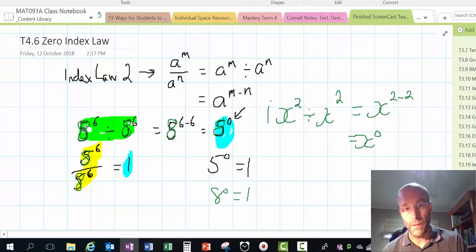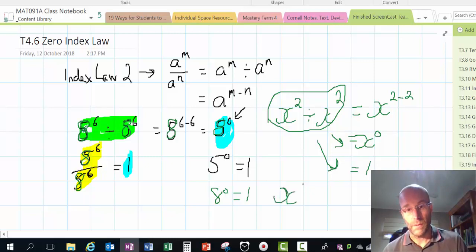But something divided by itself equals 1, doesn't it? So that also equals 1. It equals that, and it equals that. So we've got x to the power 0 also equals 1.